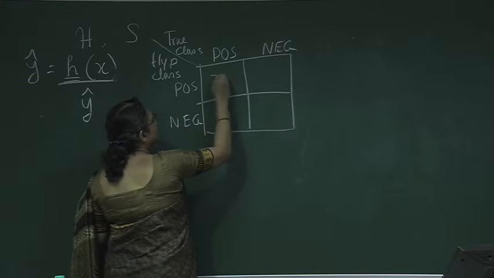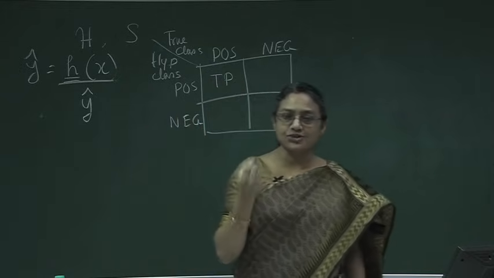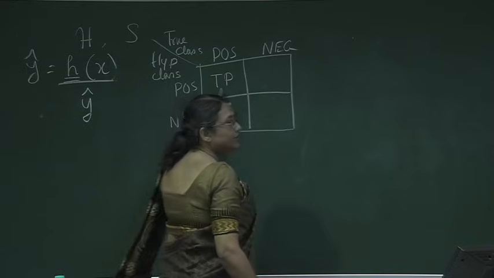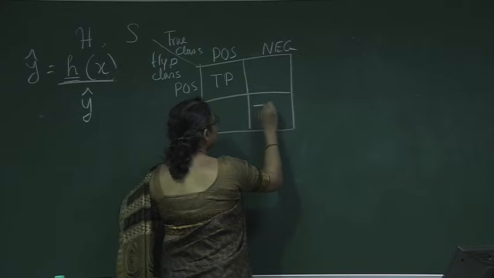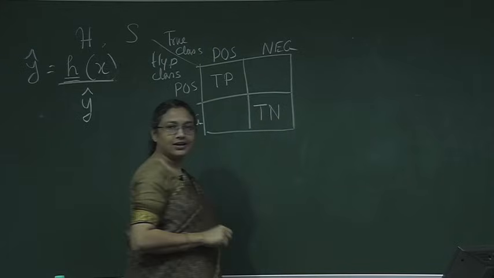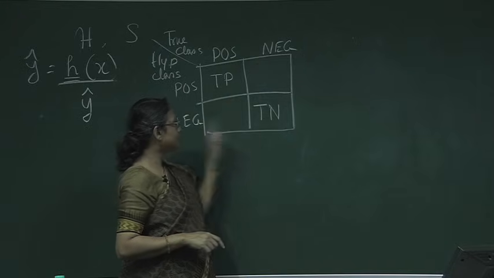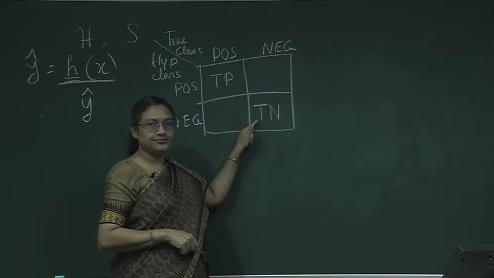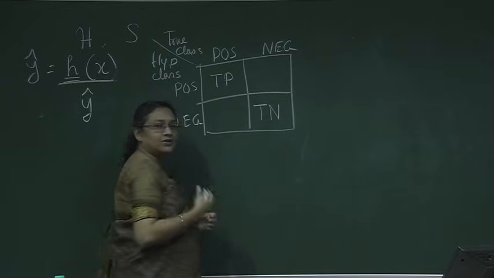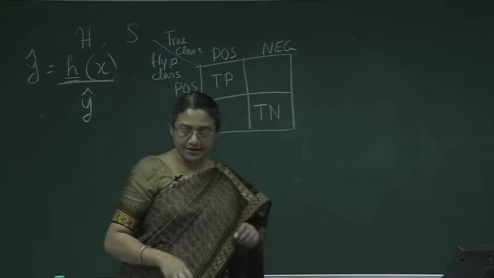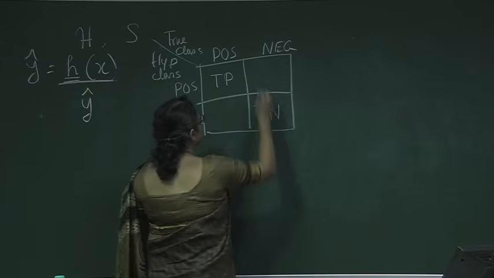And those training examples for which the true class is positive and you also hypothesize positive, they can be called TP. The number of such examples are put in this box. Similarly, TN stands for true negative. Those examples where the true class is negative and is also output as negative by your learning algorithm will come here. So, these are the zones where your learning algorithm predicts correctly, but your learning algorithm can also make mistakes, and there are two types of mistakes.